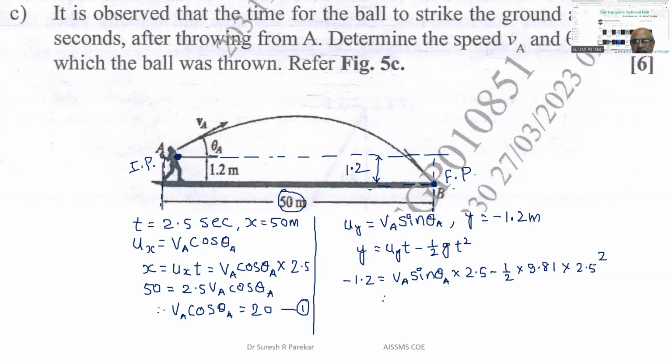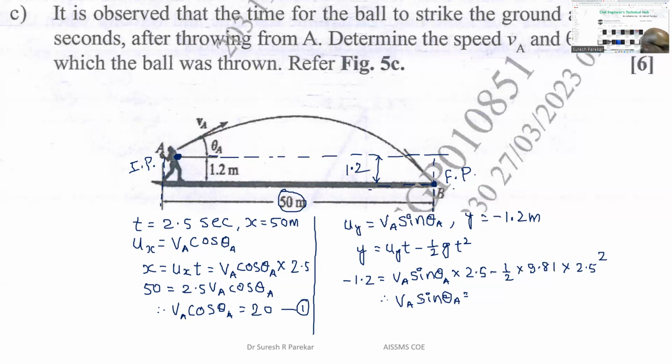And from this we will get VA sin theta A equal to 0.5 into 9.81 into 2.5 square minus 1.2, divided by 2.5.